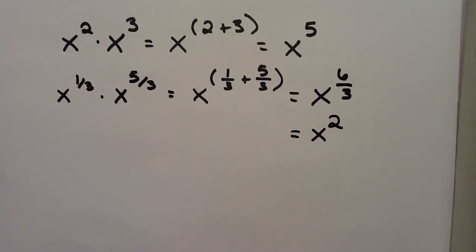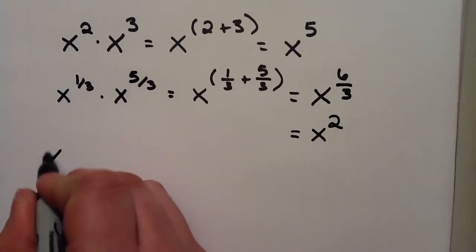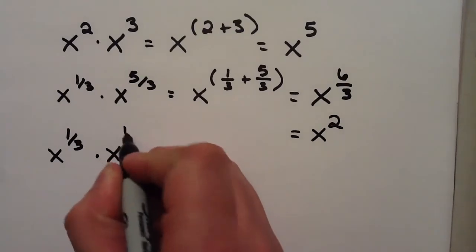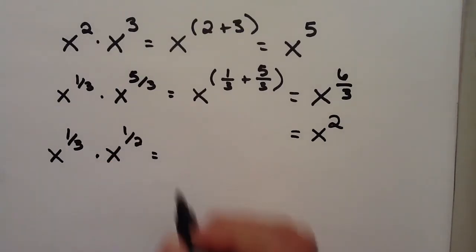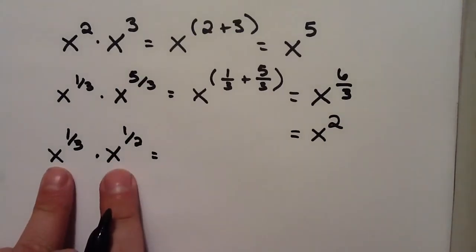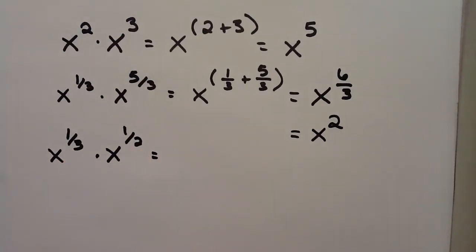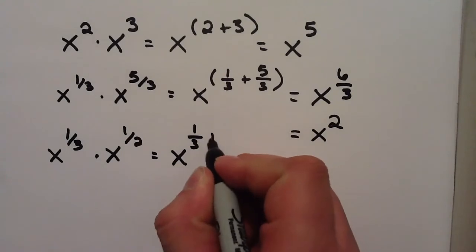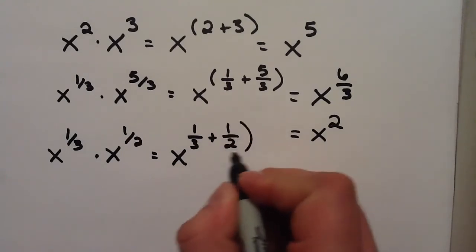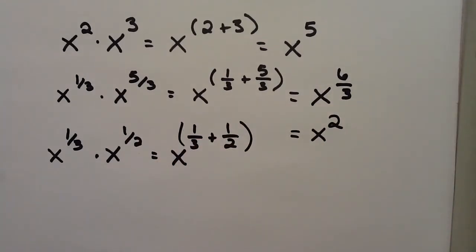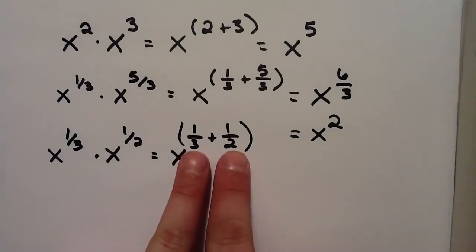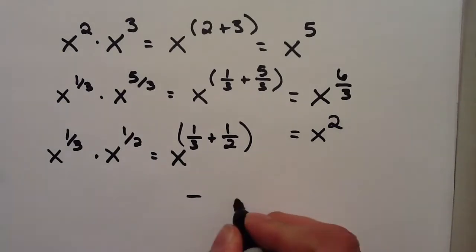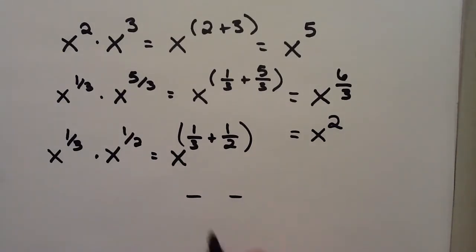To go with another one, let's look at x to the 1/3 times x to the 1/2, which equals, again, like bases, so I add the exponents, x to the 1/3 plus 1/2. Now here, I don't have the same denominator, so I have to come up with an LCD.